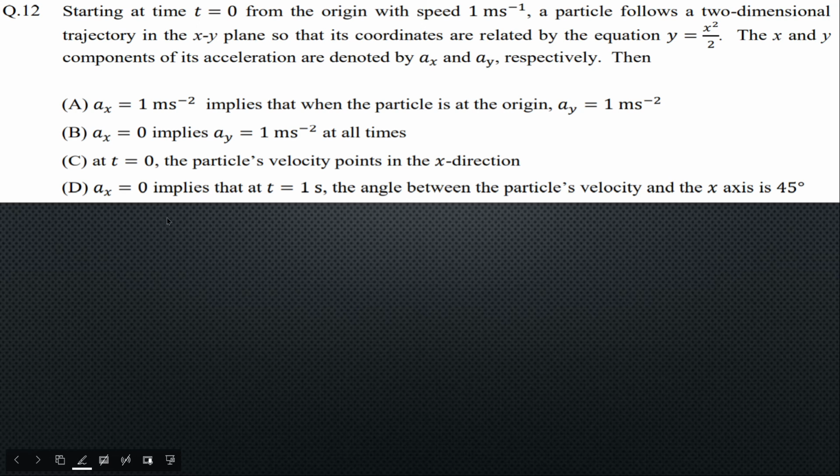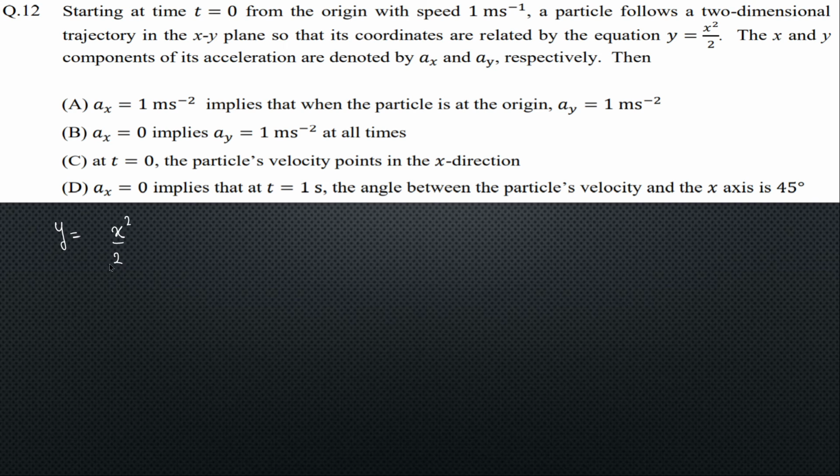So we have this at starting time origin speed was this, and the particle follows 2D trajectory. XY coordinates are like this, and the x and y components are this ax and ay. Then we are required to find ax and ay. Okay, so let's start. First of all, we have y is x square by 2.